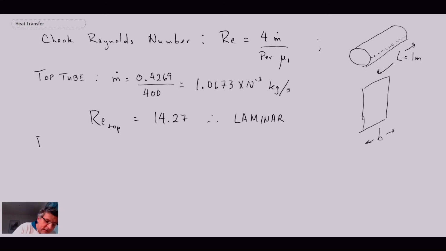Now let's take a look at what's going on at the bottom tube. To get that mass flow rate, it's essentially the one for a single tube multiplied by 20, because that is the number of tubes in the vertical direction.